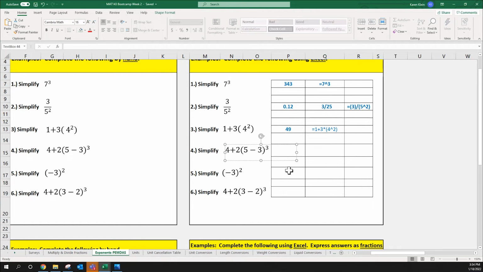All right, let's try our next one. We have 4 plus 2 times parenthesis 5 minus 1 in that parentheses caret 3.